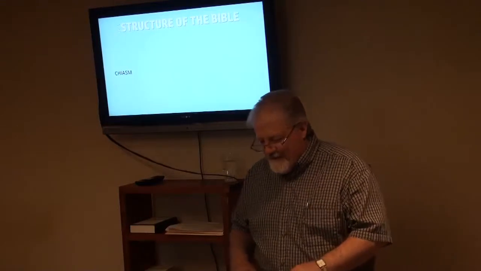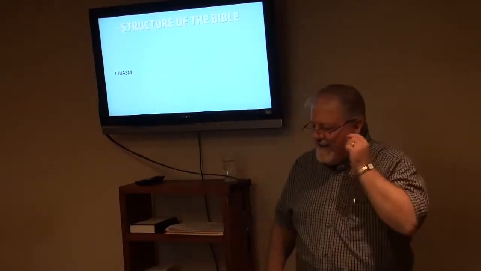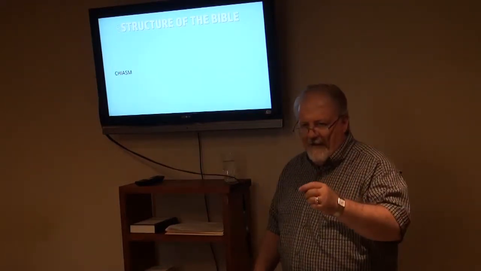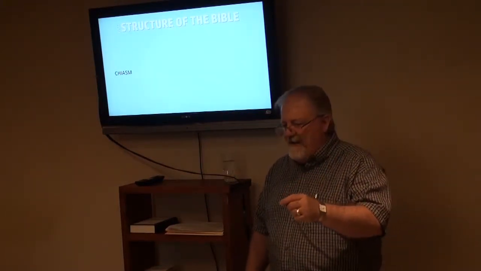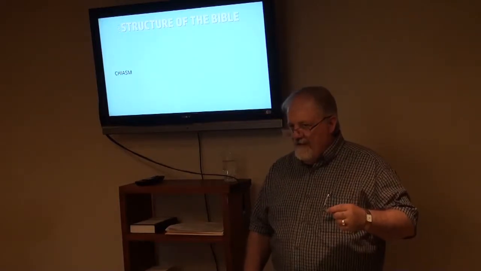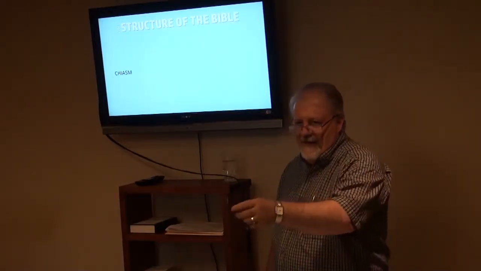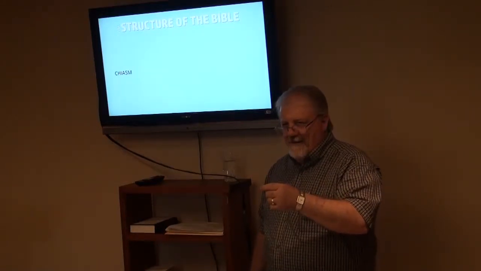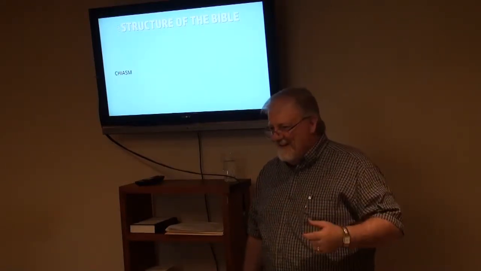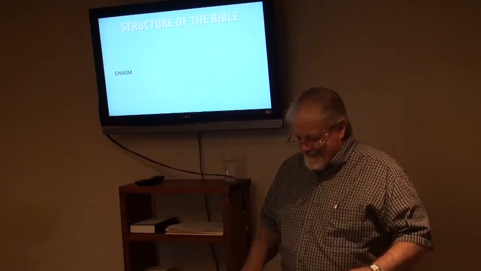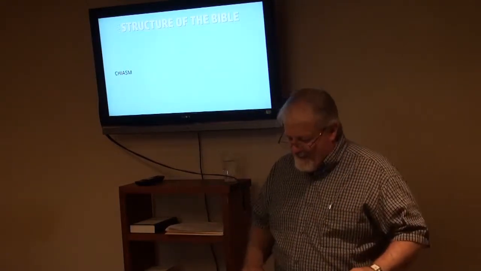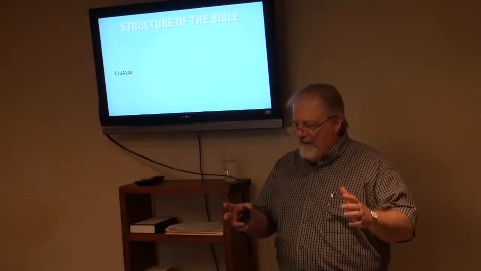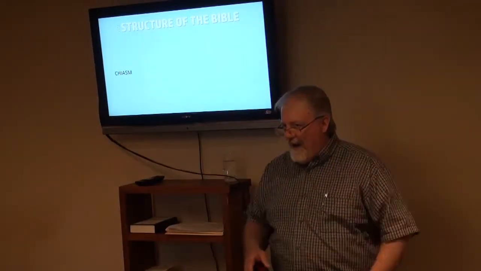What a chiasm is, it's a sequence of ideas that are presented one way and then repeated, but in the reverse order. So you have points A, B, C, D, and then it's repeated again, D, C, B, A. So the result is you get this mirror effect of the ideas where they're reflecting backwards.